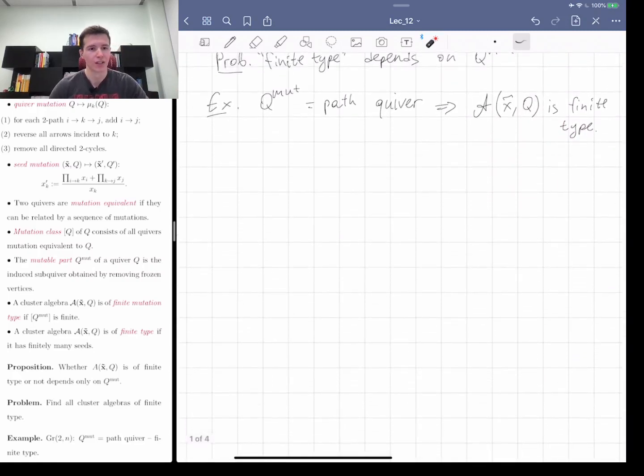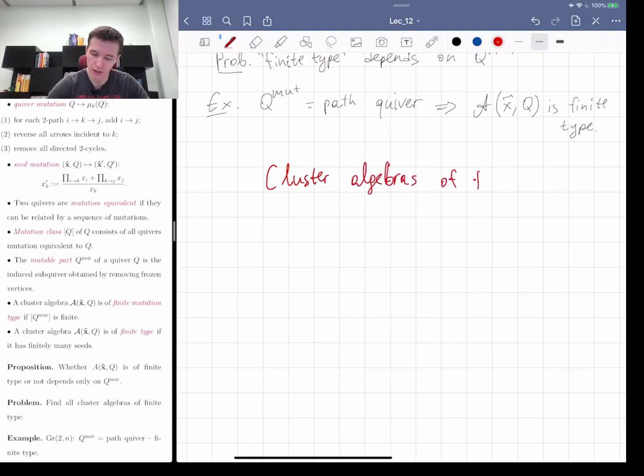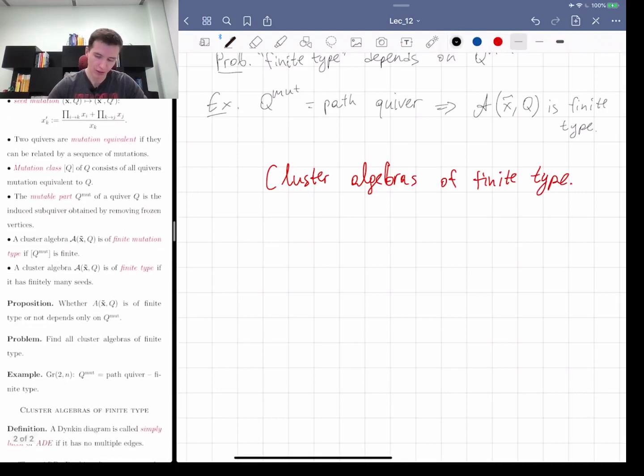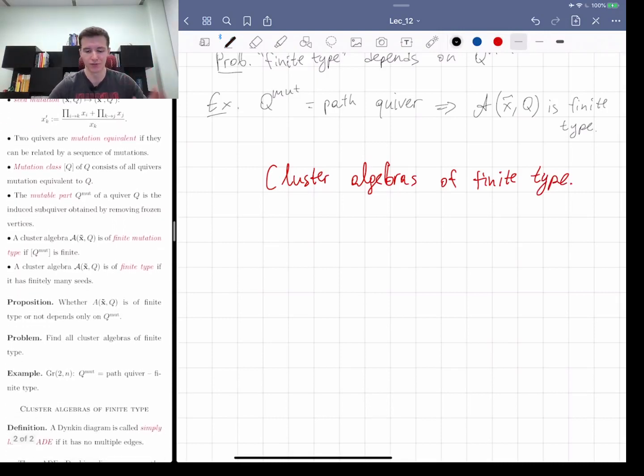Okay. Cluster algebras of finite type. Now let me introduce a specific class of Dynkin diagrams. Up to this point, it's still not at all clear what the relation is going to be.